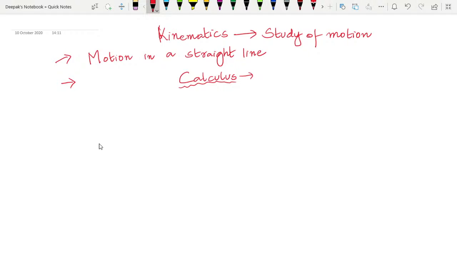So I'll just give you a brief introduction on calculus, and two things I'll teach you today, that is, one is differentiation and integration. These are mathematical tools that help us study physics, and physics is a lot of mathematics, so that's why we also need differentiation and integration. So first we'll start with differentiation.